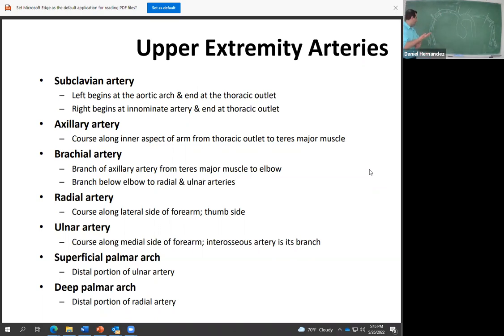So if one vessel becomes occluded or blocked, ideally, in a healthy patient, if they have what's called a complete palmar arch, those two superficial and deep palmar arches will be connected and be able to adequately perfuse the entire hand if one of them becomes occluded, or if we needed to remove one of the vessels for bypass surgery for the patient's heart.